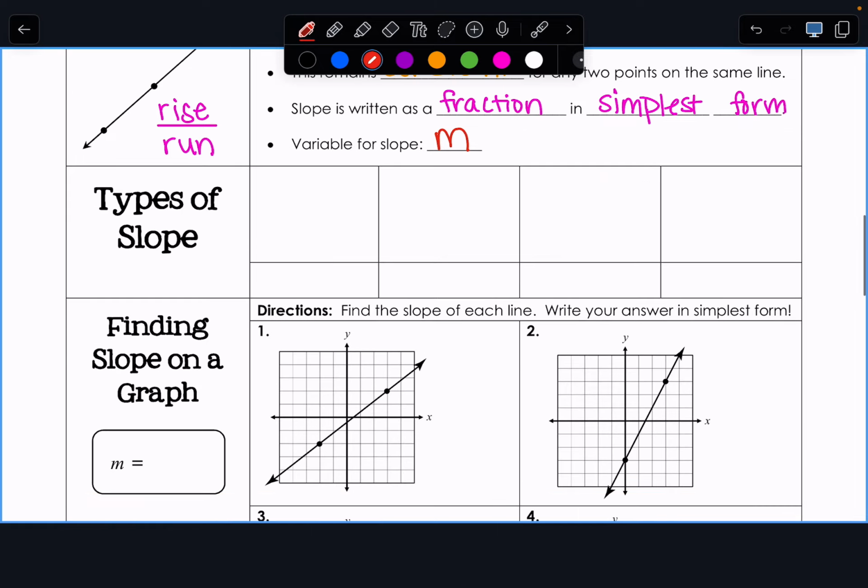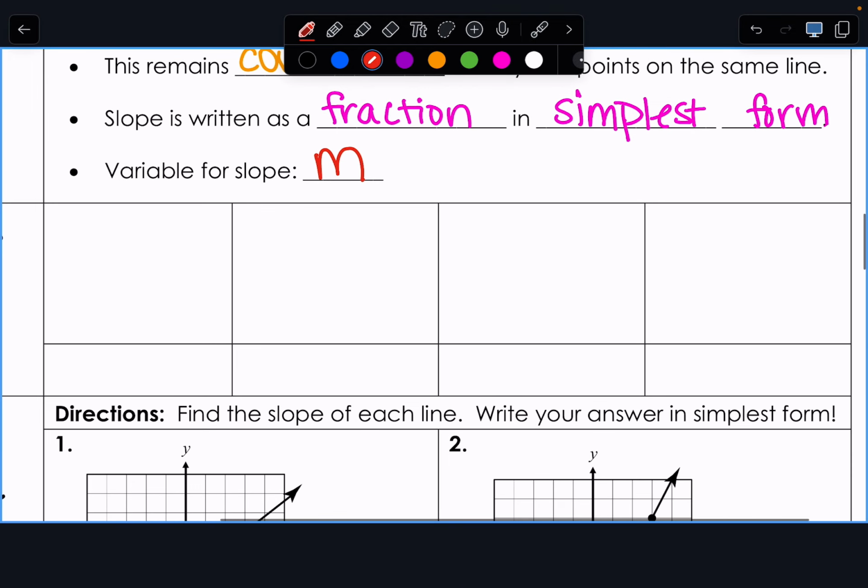Now we're going to draw 4 different pictures. Some of the lines we had were rising on that page, and some of them were falling.